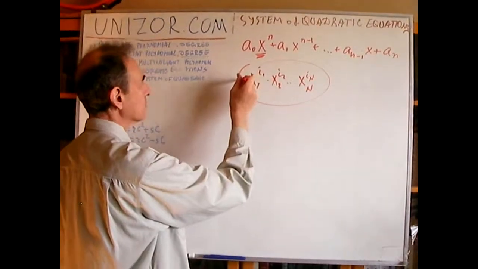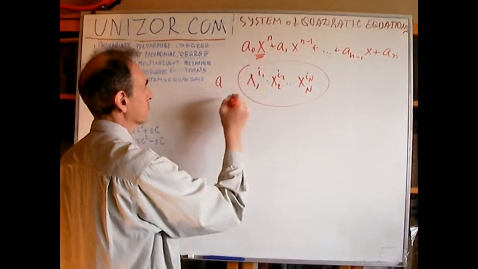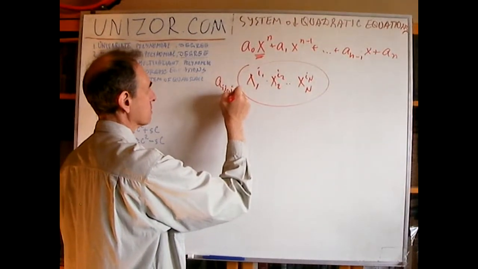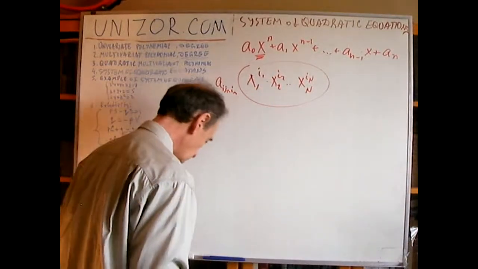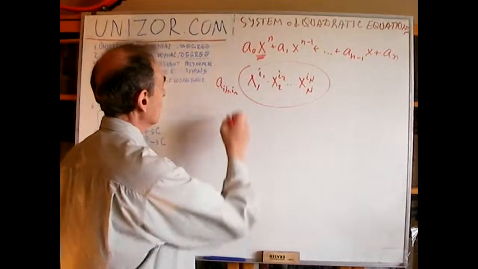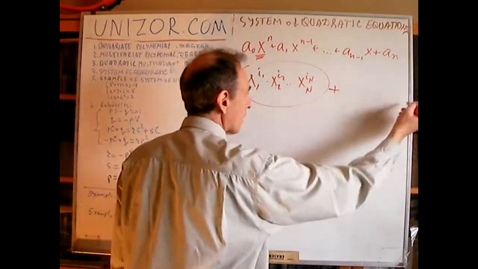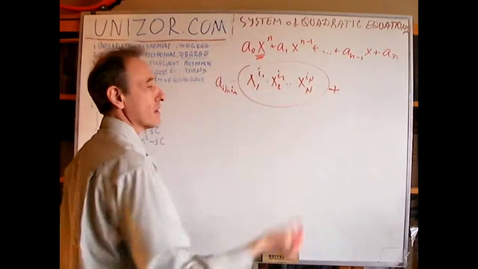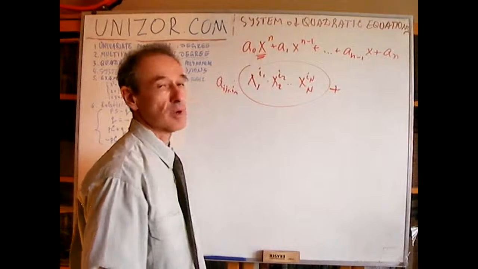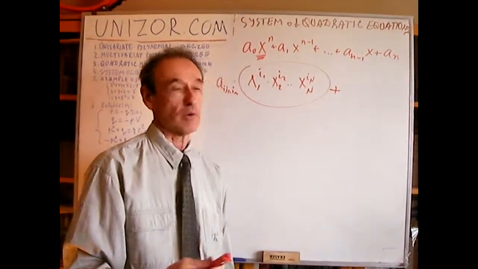So we have to multiply this particular element by some constant, which I would write with indices like i1, i2, etc. Doesn't really matter what kind of indices I'm using. So we multiply it, and then we add another term which looks exactly like this, except these n variables will be raised to different powers.